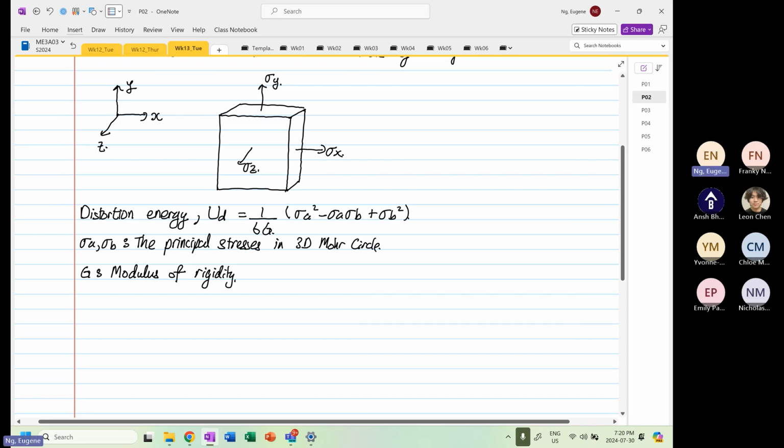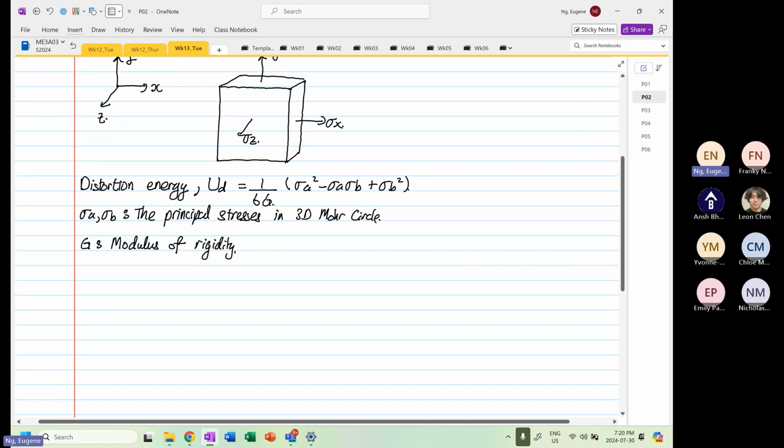And you have seen this before. In what sense? Shear stress is equal to G times gamma, where gamma is the shear strain.